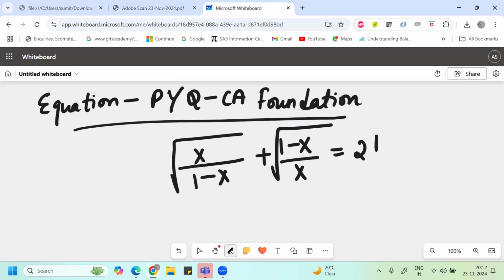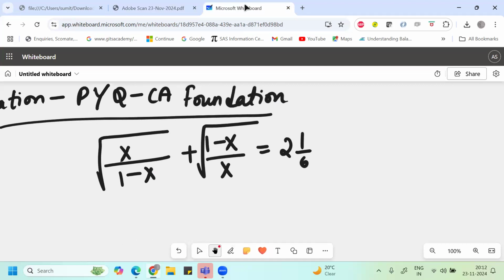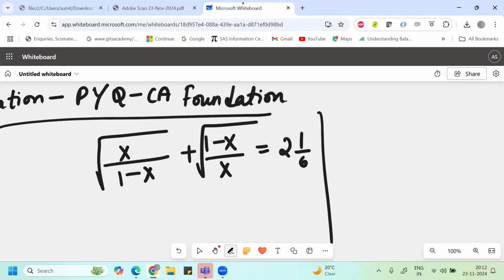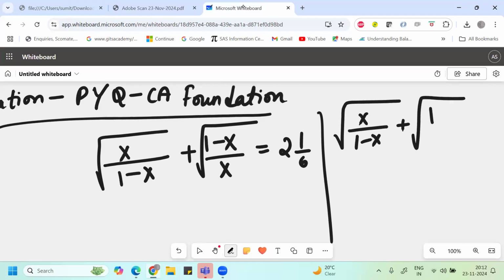This is 2 1 by 6, so I can write it as 13 by 6, and so root of x by 1 minus x plus root of 1 minus x by x is equal to 13 by 6. Everyone, please use the chat option and tell me the approach. What approach will you use to get the answer?